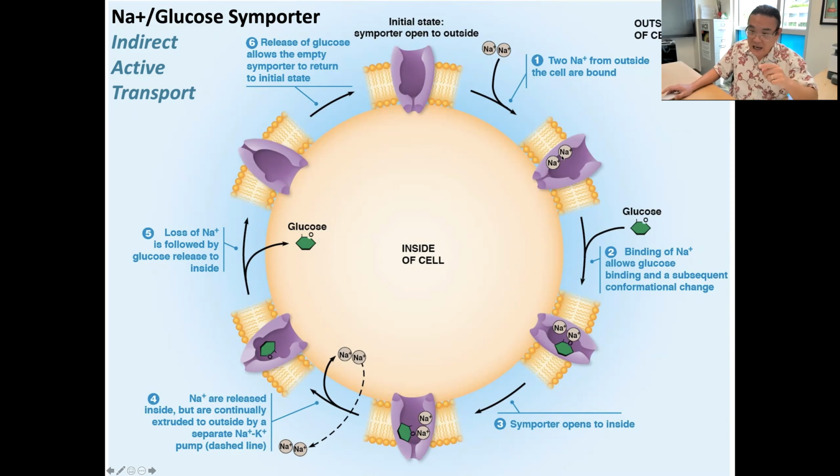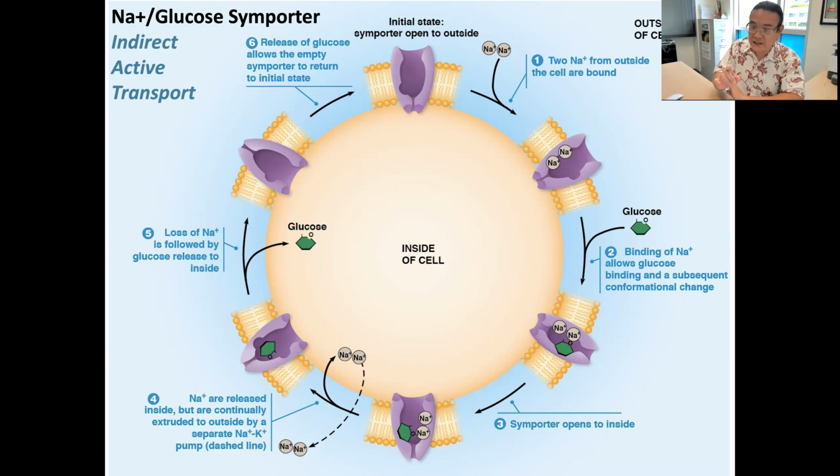And at the same time, right, glucose on the outside can bind to the transporter at the same time that it's bound to the sodium, right? And the sodium wants to rush into the cell, so it changes the shape. And in doing so, it releases the glucose into the cell. And the glucose is being pushed against its concentration gradient if, for example, this is a liver cell that's busy concentrating the glucose.